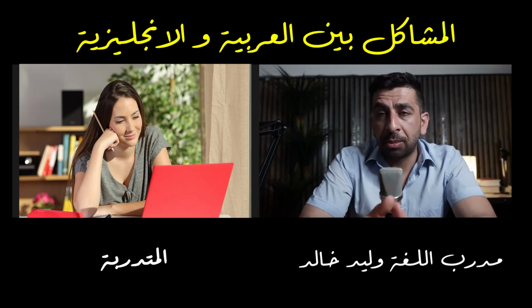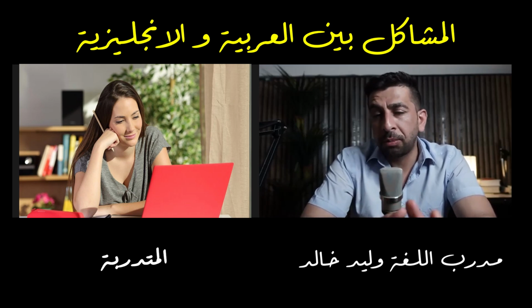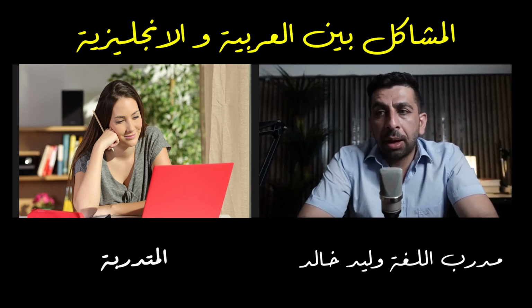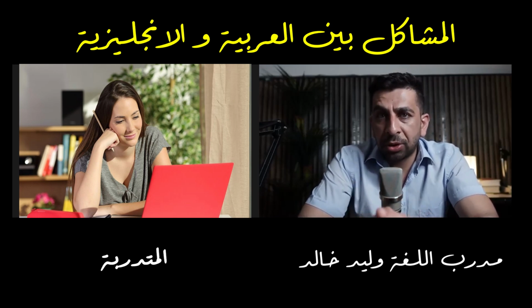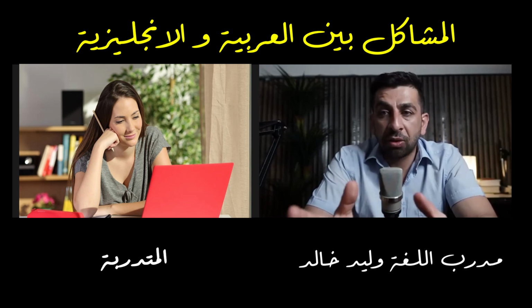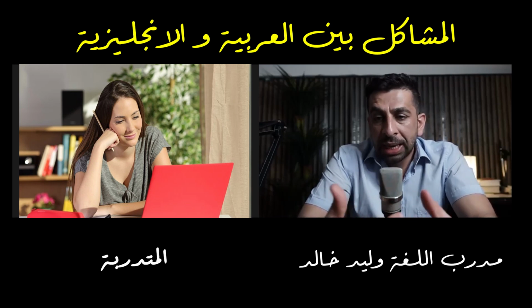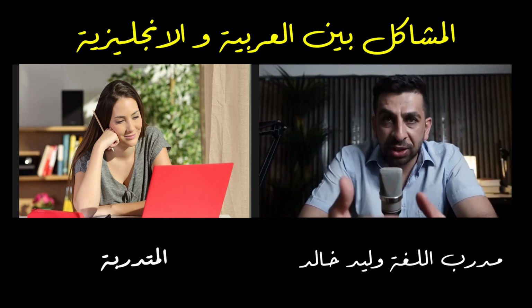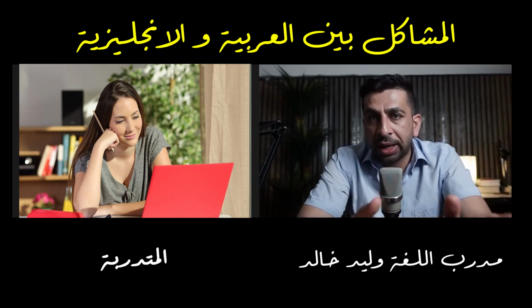The Arabic system of language is different from the English system of language. Arabic is a Semitic language that starts from right to left in the grammar structure of sentences. English is a Germanic language based on Latin and Greek. It's a combination of different languages.